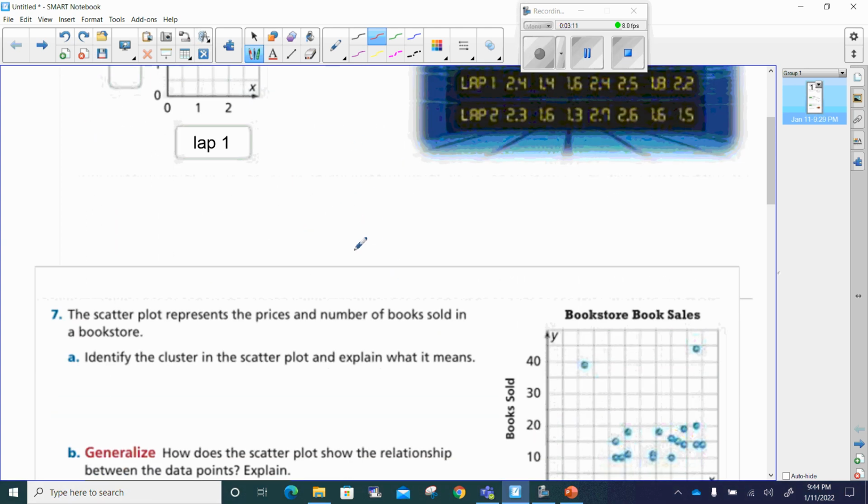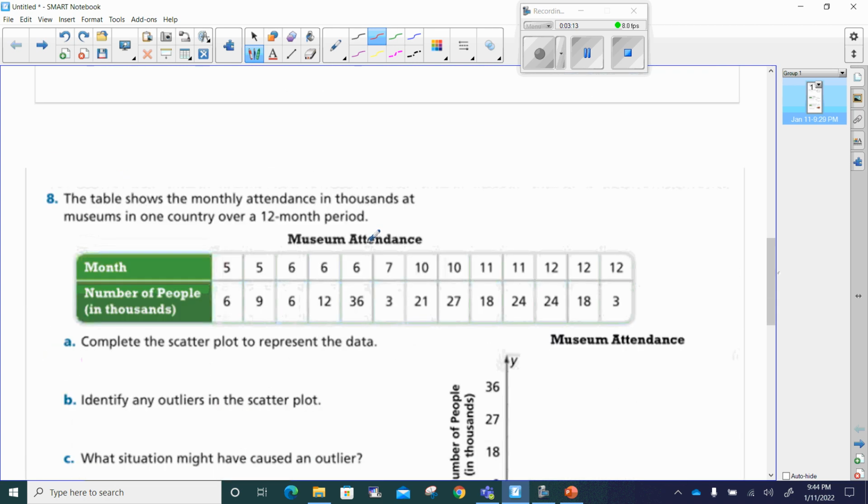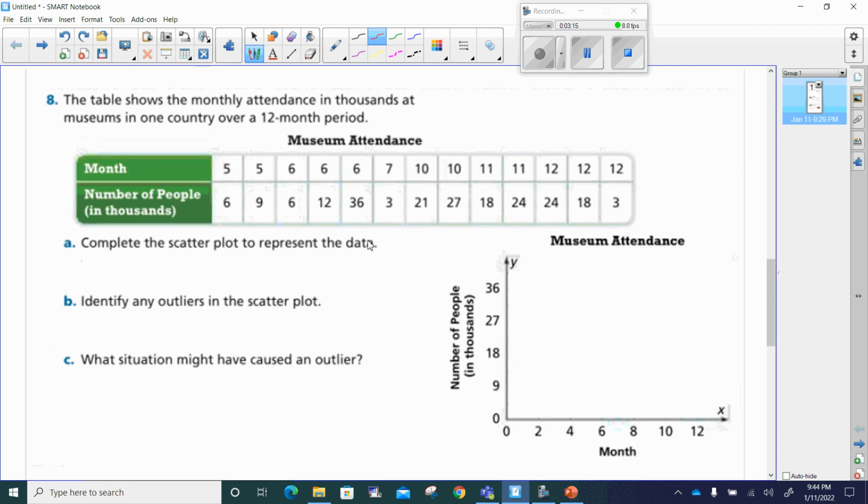All right, looks like I'm off to number 8. The table shows the monthly attendance in thousands at a museum in one country over a 12-month period. Remember, whenever we're looking at this, it's like 5,000, 6,000, right?